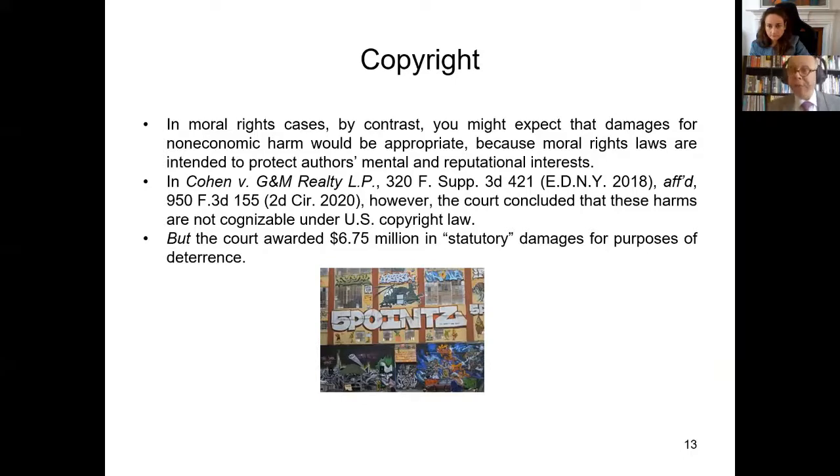And for willful infringement, the damages can be increased to $150,000 for each work infringed. And so that's what the court did here, largely for deterrence purposes. The court awarded the maximum statutory damages of $150,000 multiplied by the number of qualifying works to arrive at this figure just shy of $7 million.